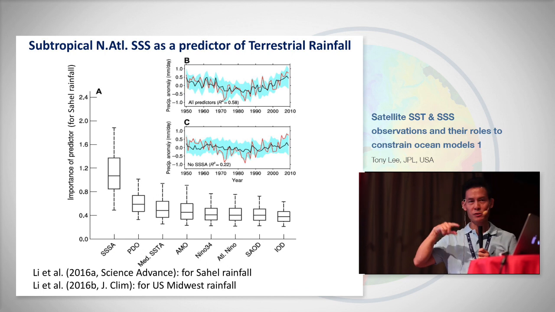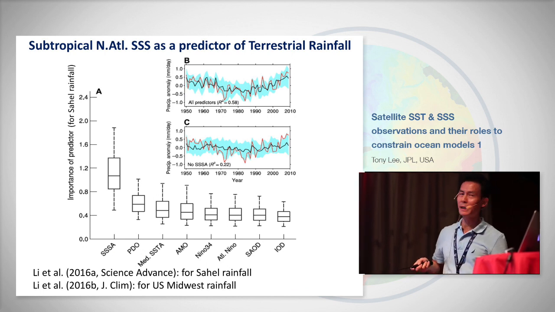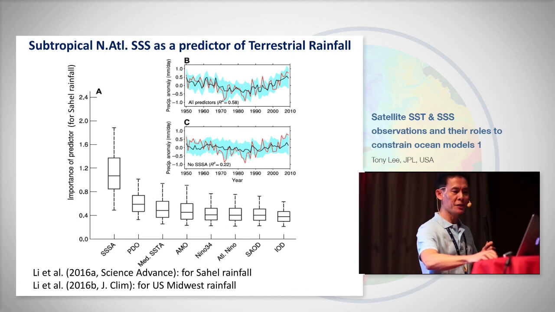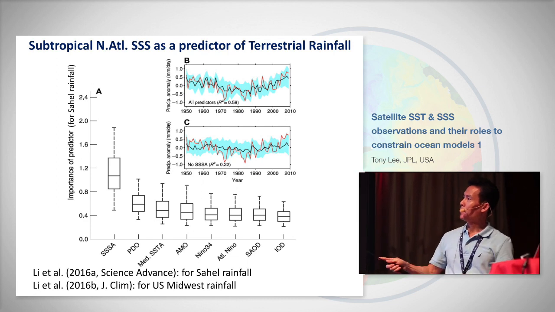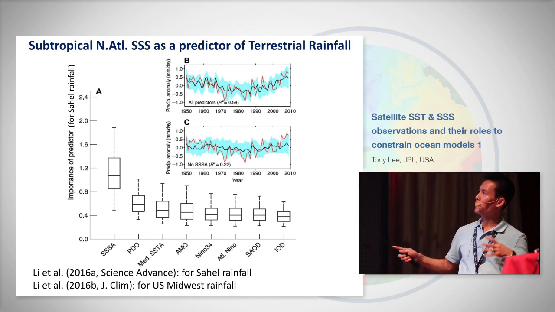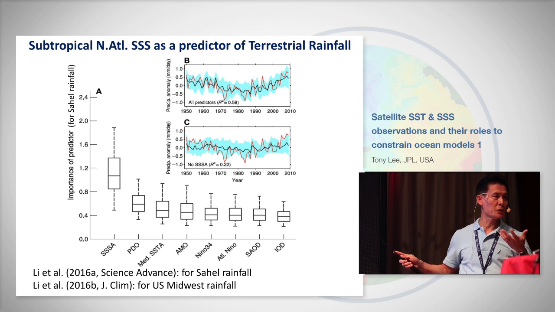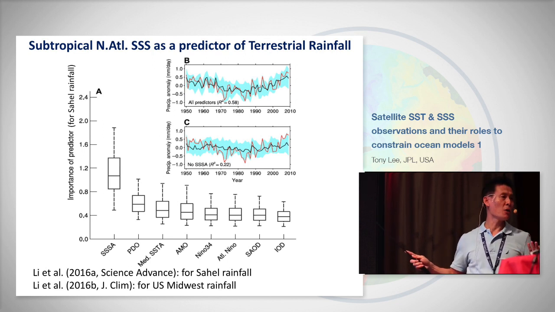As I mentioned a minute ago, the subtropical high salinity regions are areas dominated by evaporation. So those are the main source of moisture for rainfall over land in certain regions.